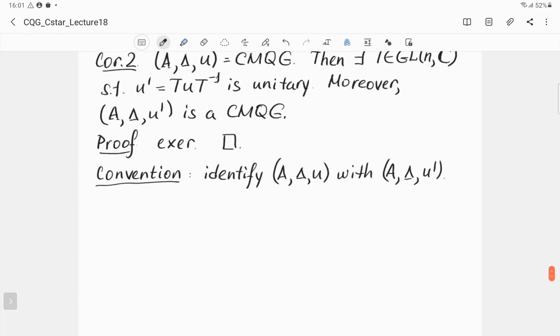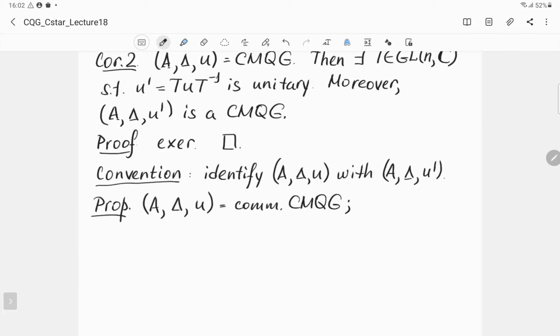Okay, now we are ready to characterize commutative compact matrix quantum groups. So we have the following proposition. Suppose that this triple (A, delta, U) is a commutative compact matrix quantum group.